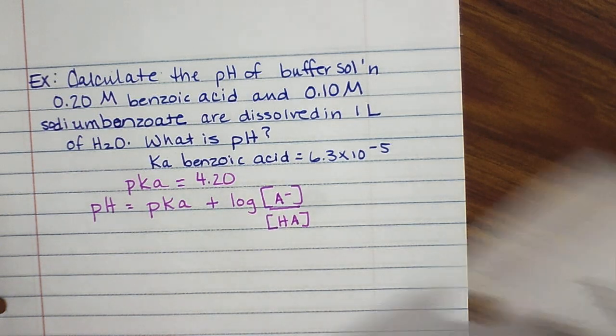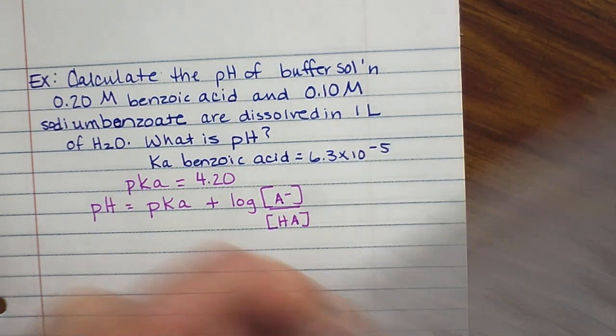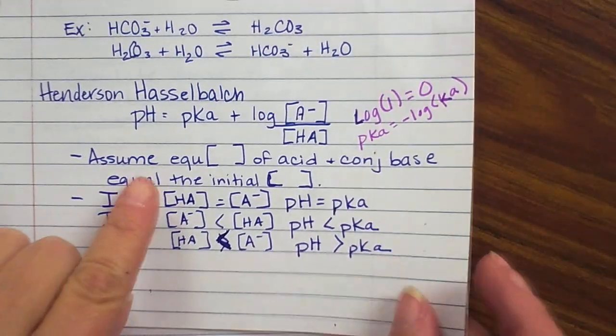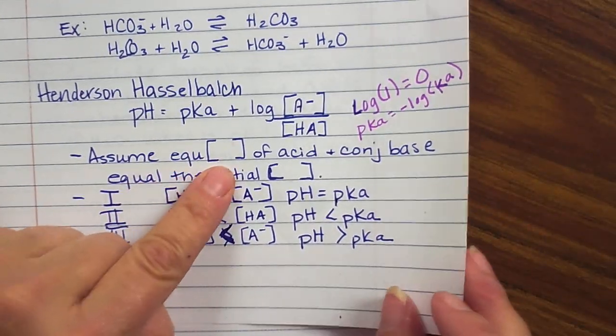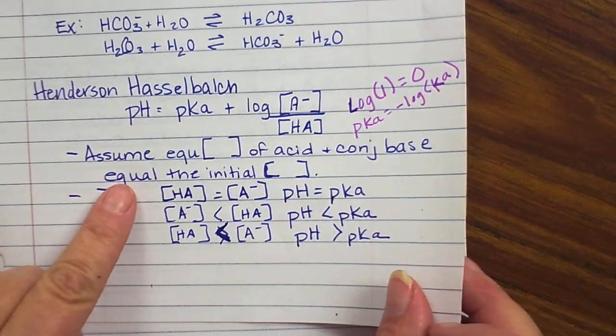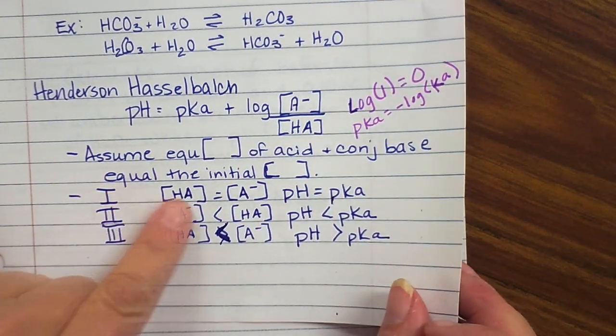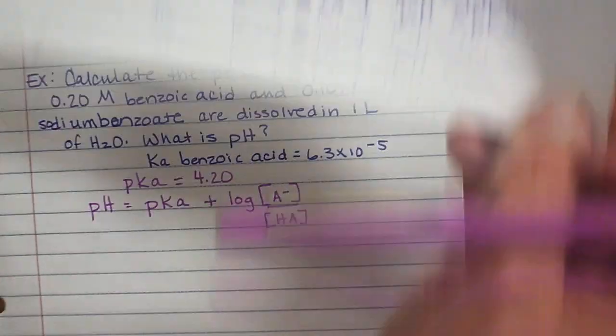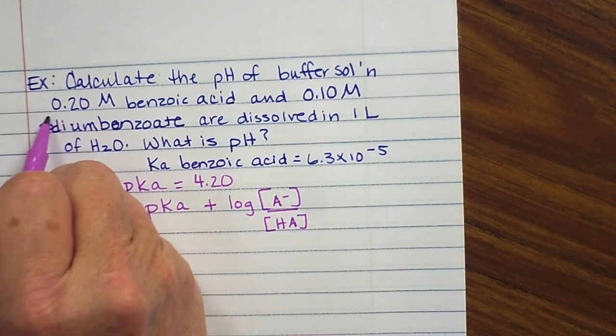Now, according to my rules, which are here, I can assume that the equilibrium concentration of the acid and the conjugate base are equal to the initial concentrations. Okay? So here are my initial concentrations.